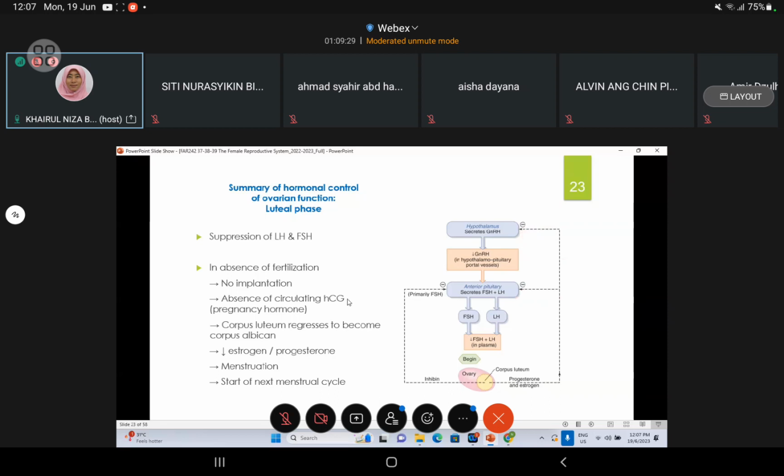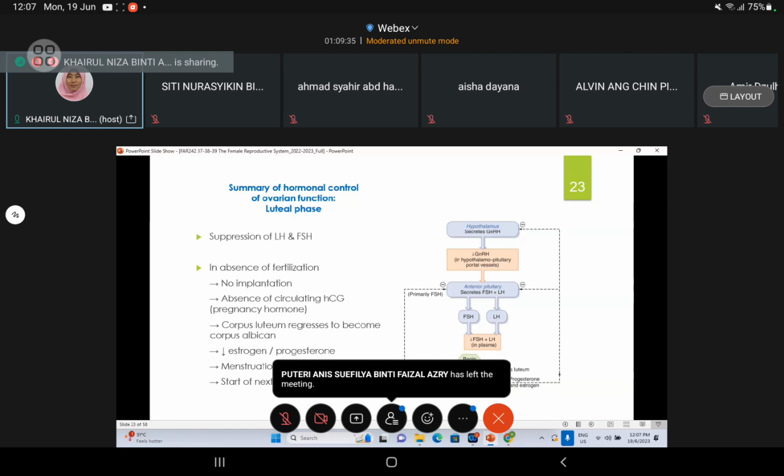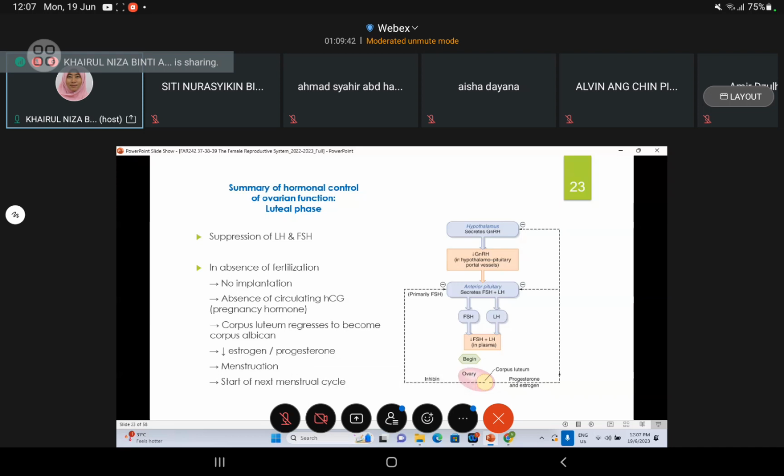But in the absence of fertilization, when there is no implantation, we don't have any effect of HCG, or human chorionic gonadotropin, which is the pregnancy hormone. So in the absence of HCG, the corpus luteum starts to regress to become corpus albicans, which has no endocrine function, so no estrogen and progesterone, which marks the beginning of menstruation, as well as the start of the next menstrual cycle.